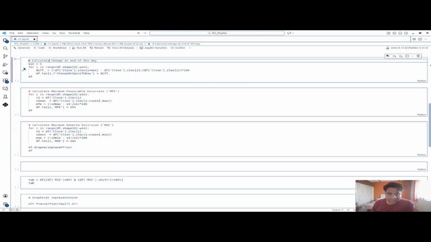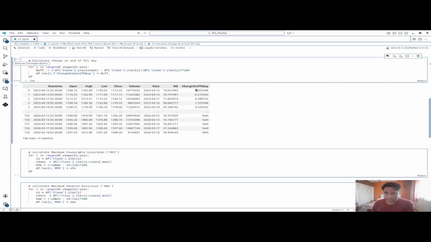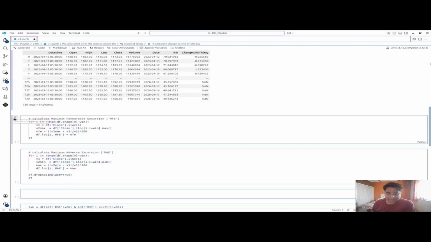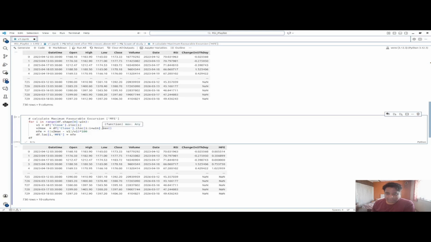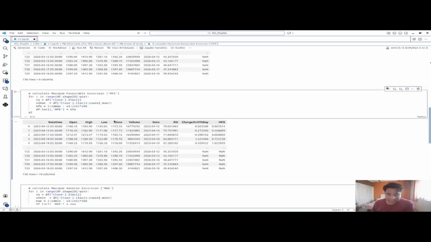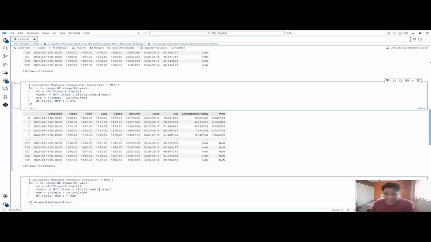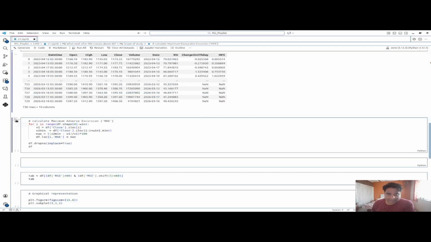Let's calculate the change at the end of the 5th day. We have got the change at the end of the 5th day. Second, maximum favorable excursion. Let's calculate, and we have got the MFE column.